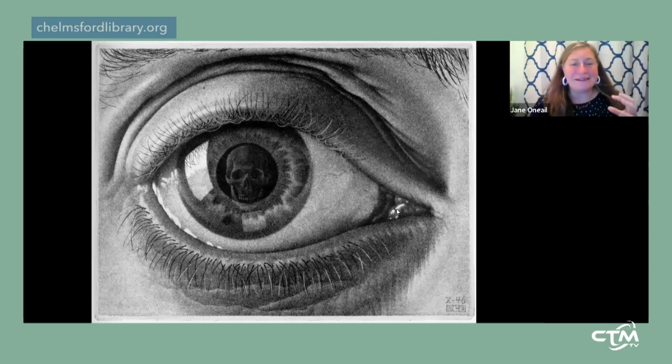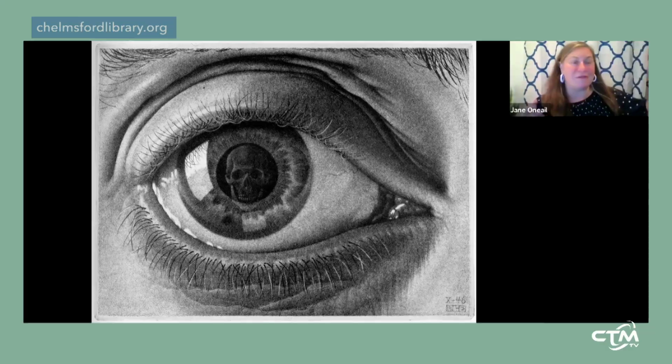We see the iris, we see the pupil, and then we see that reflection of the skull, which is always, I think, sort of like the ta-da in this particular image, because of course, that's what he's staring down. He's staring down death.